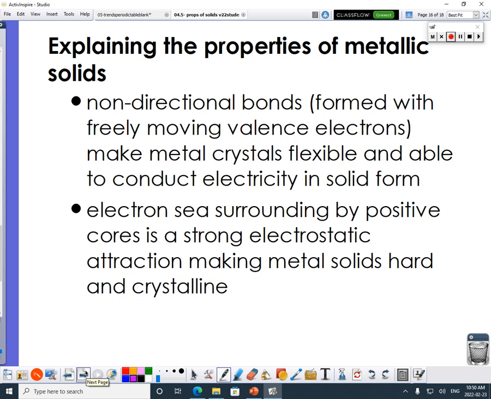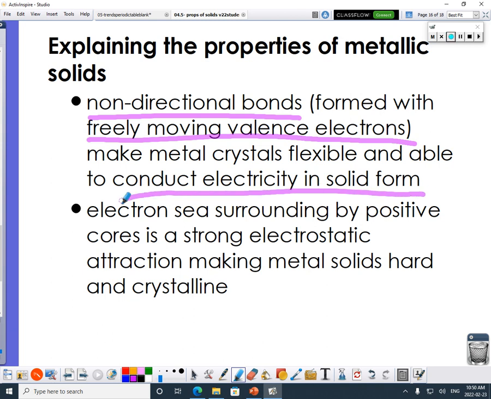Non-directional bonds are freely moving electrons, which makes them able to conduct electricity, and it also makes them flexible. That's why they're ductile, we can pull them into a wire to make copper wiring.